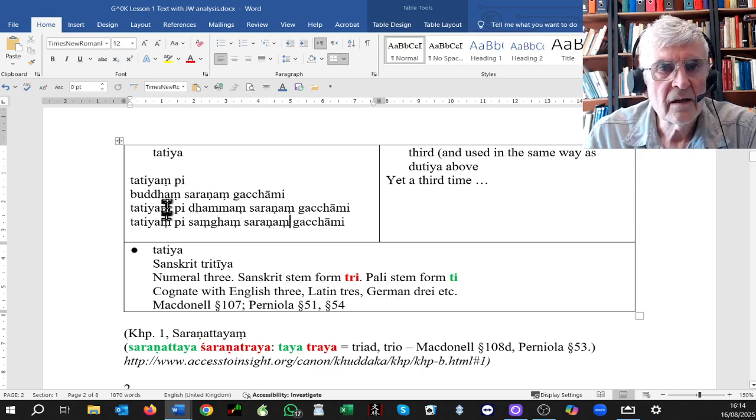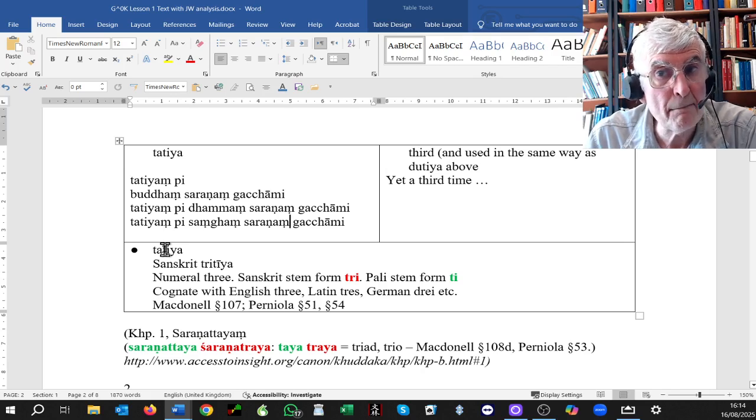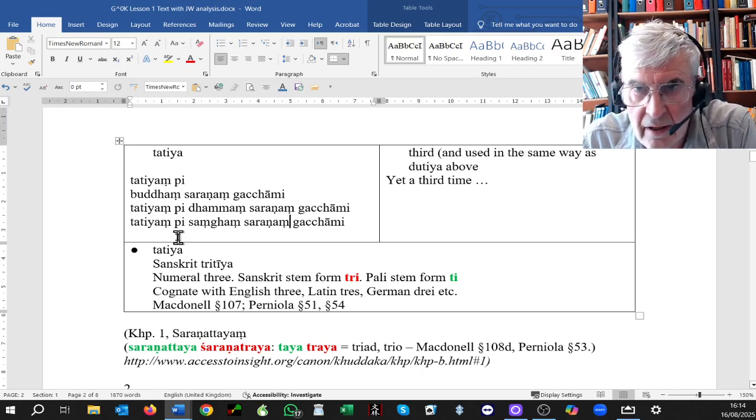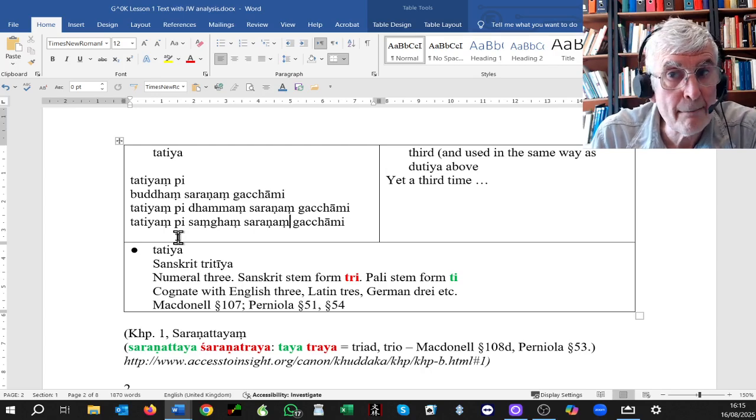So here, tatiyampi. It's not tatiyangpi, but tatiyampi, because the nasal before a labial here, the p, wants to join it and become a labial as well. So we say tatiyampi.